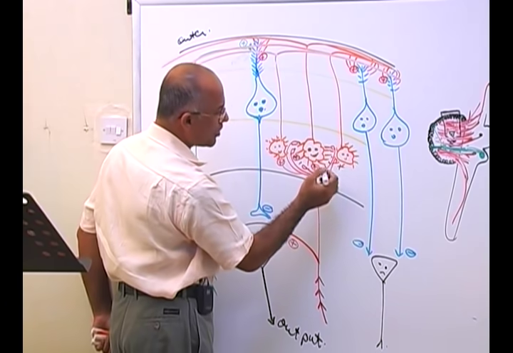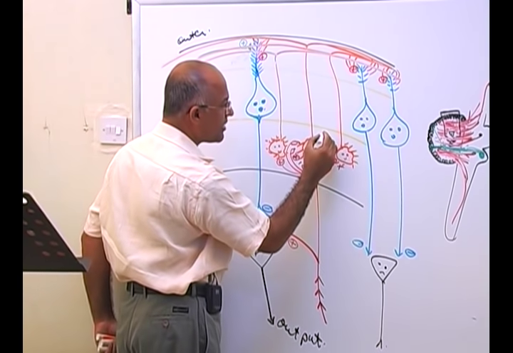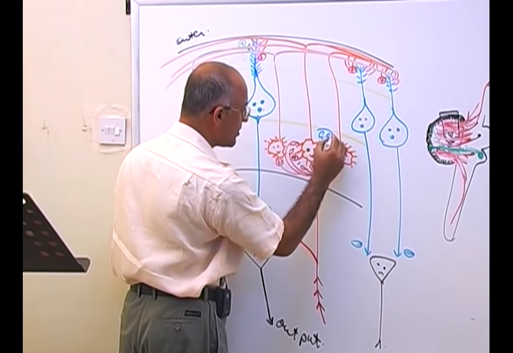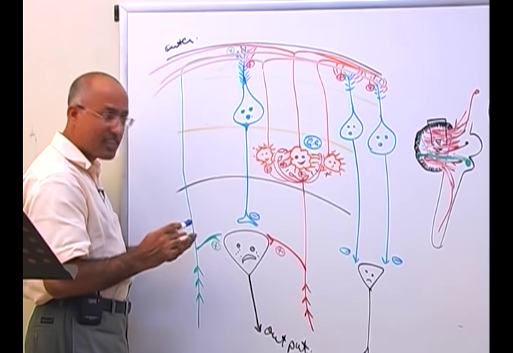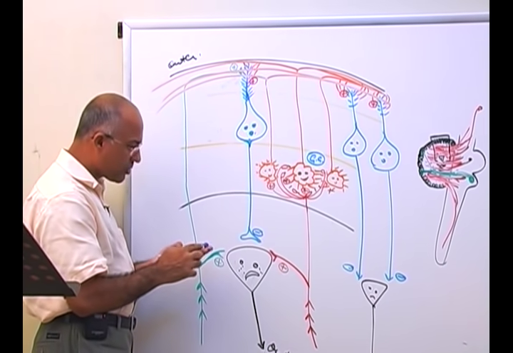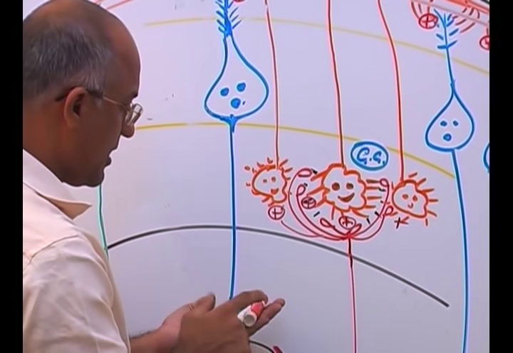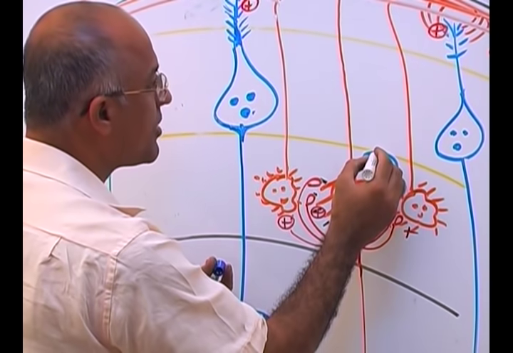Actually, in the same granular cell layer, there are cells which are called Golgi cells. Golgi cells. Now, Golgi cells can be stimulated by, what is this? Can be stimulated by parallel fibers.